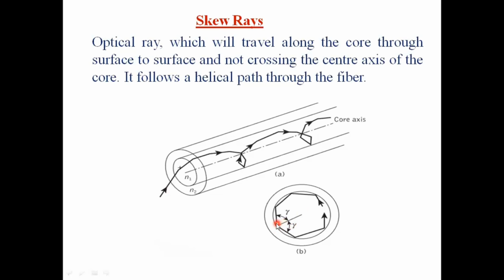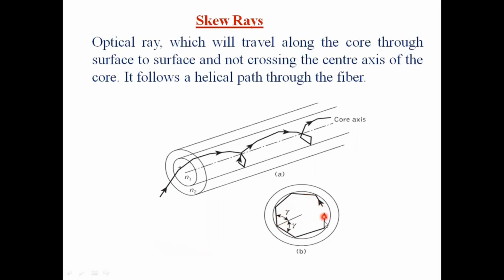Let us consider one reflection at an angle 2 gamma, where gamma is the angle between the radius of the core and the ray projection. For one reflection, the angle is 2 gamma.